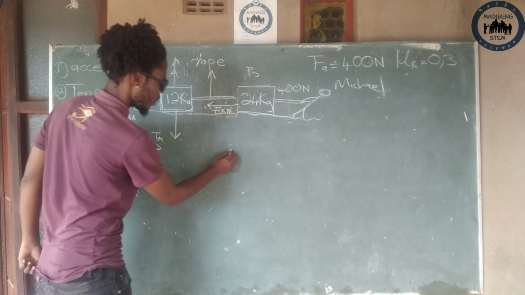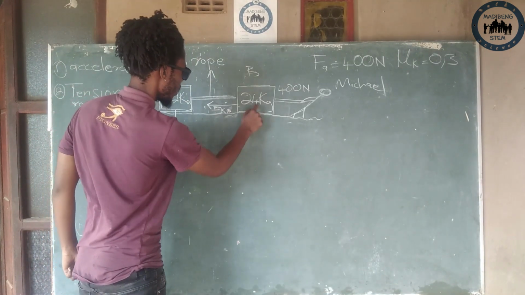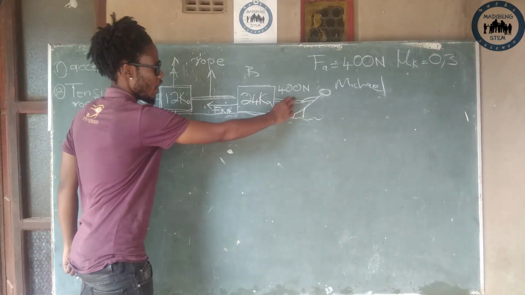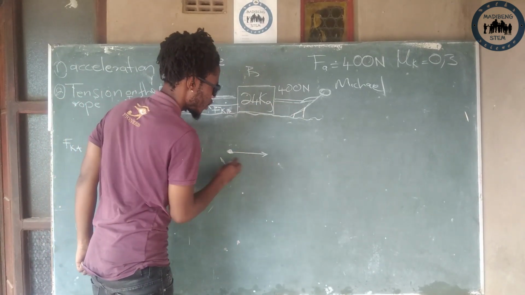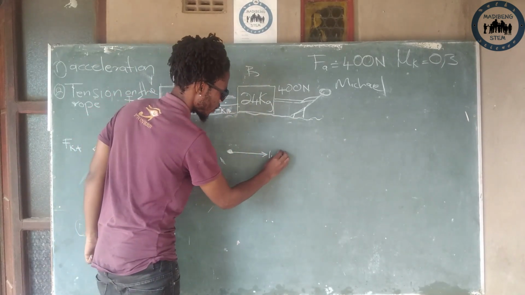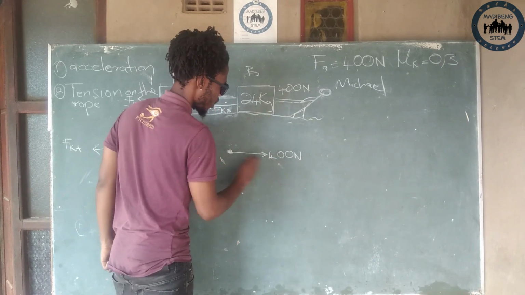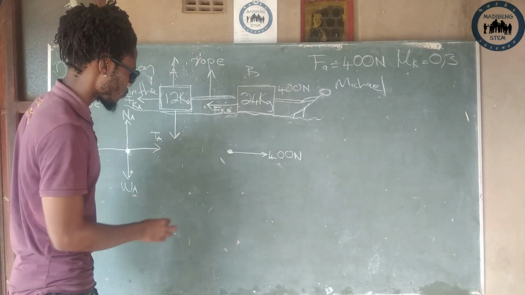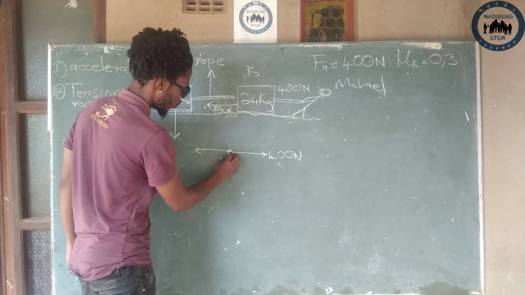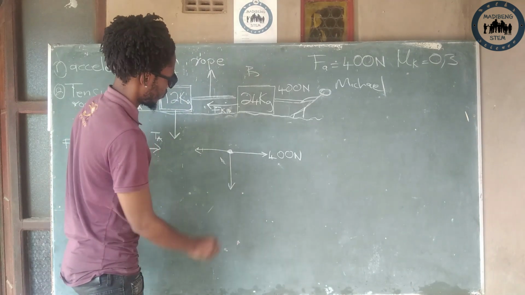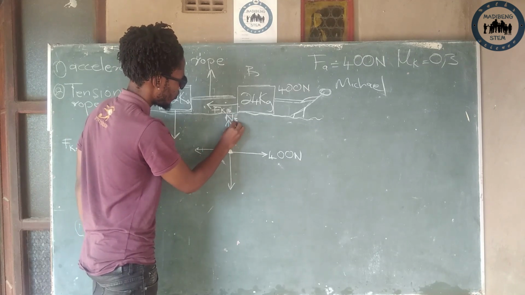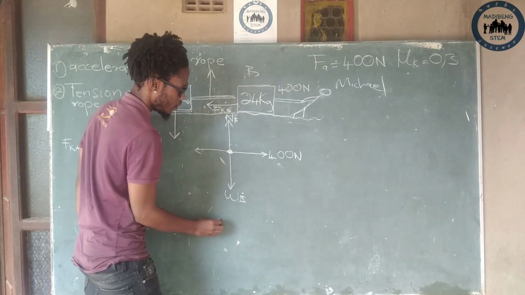So let's go and represent these forces for our next block, which is the 24 kg block. So here we have a 400 Newton force that is pulling these two blocks, this system. So there is also a frictional force. There is also weight. There is also normal force, NB, WB.